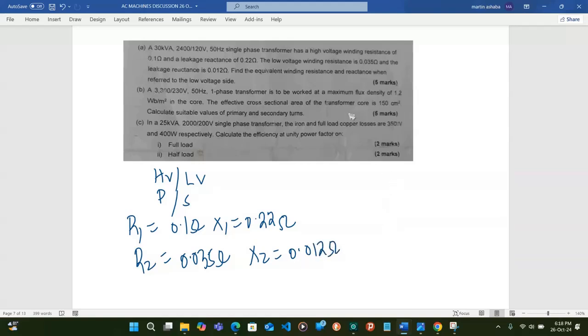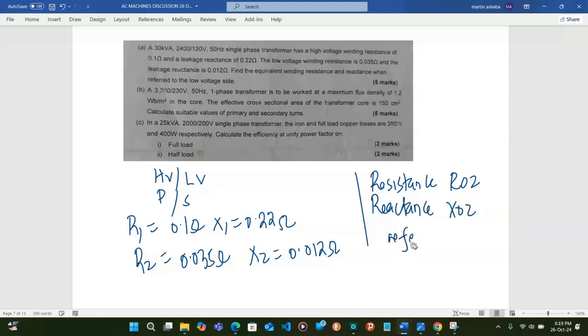Find the equivalent winding resistance and reactance when referred to the low voltage side. So when referred to the low voltage side, we can take resistance to be RO2, and reactance XO2, that is referred to the secondary side. That's what they are telling us.